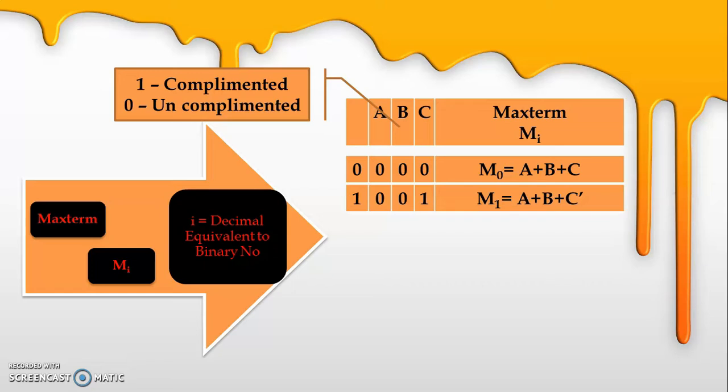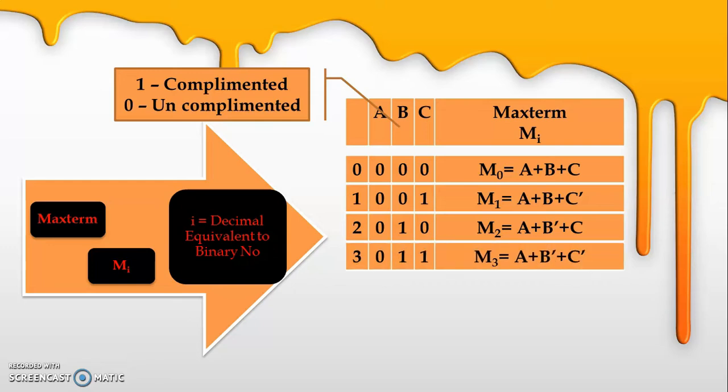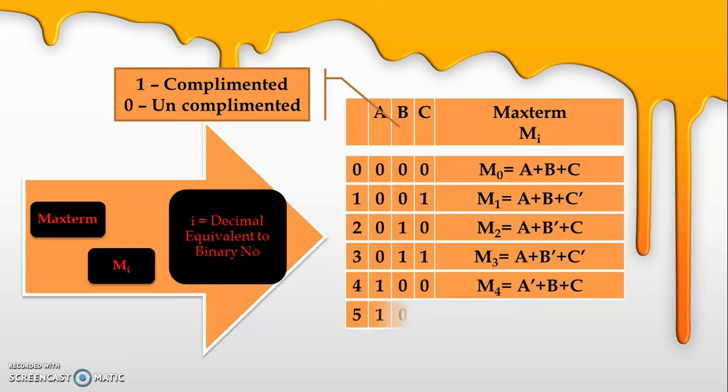A is the most significant bit and c is the least significant bit. So when we consider 0 0 1, it means a is 0, b is 0, and c is 1. So we take ABC. 0 1 0, M2, a plus b bar plus c. 0 1 1, M3, a plus b bar plus c bar.